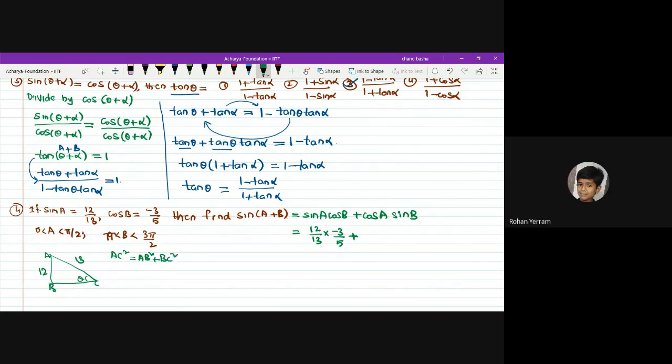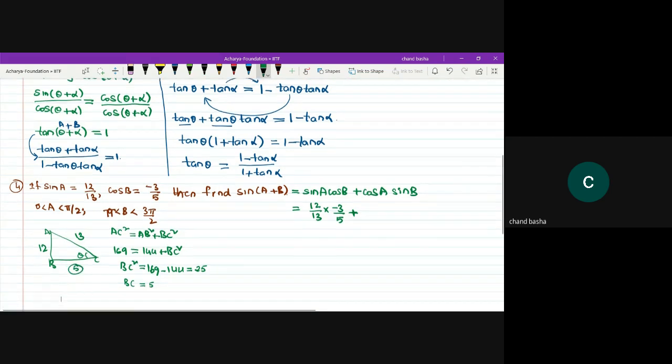So 169 is equal to 12 square, which is 144, plus BC square. BC square is 169 minus 144, which is 25. So BC is equal to 5.